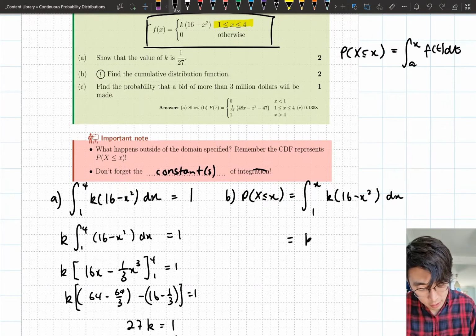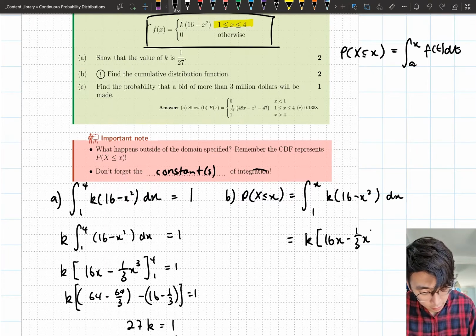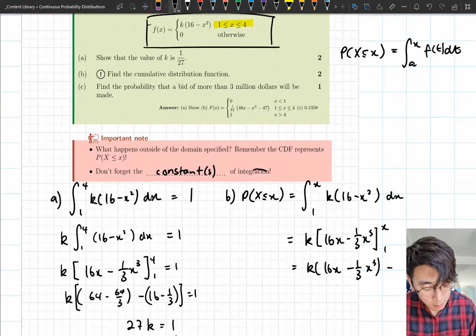I'm going to take out the k just to make it easier. We already did the integration, so this is just 16x minus 1 over 3 x cubed, evaluated from 1 to x. When I sub in x, I just leave the x in there: 16x minus 1 over 3 x cubed. But when I sub in the 1, I'm going to subtract 16 minus a third, which I believe gives me 47 over 3.